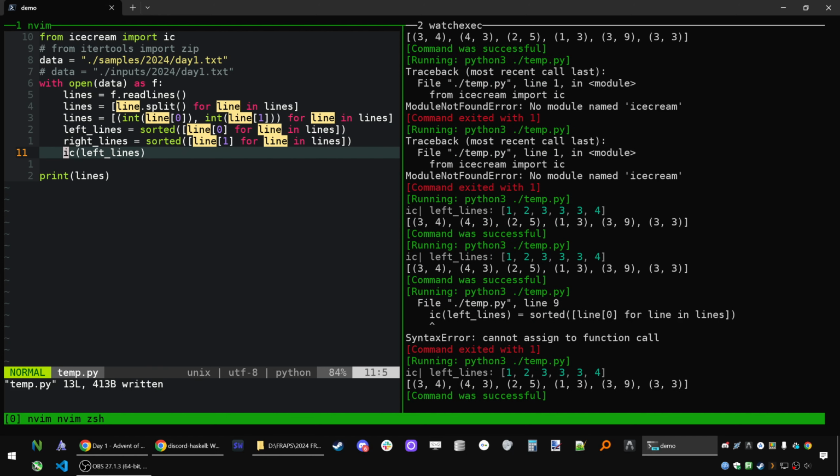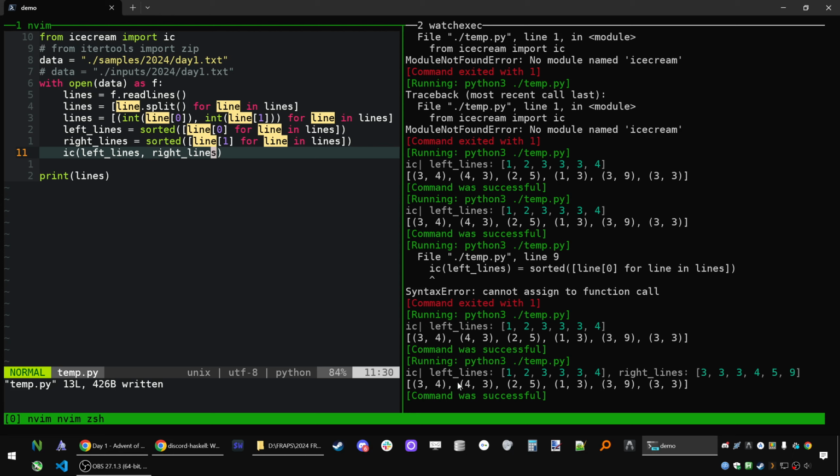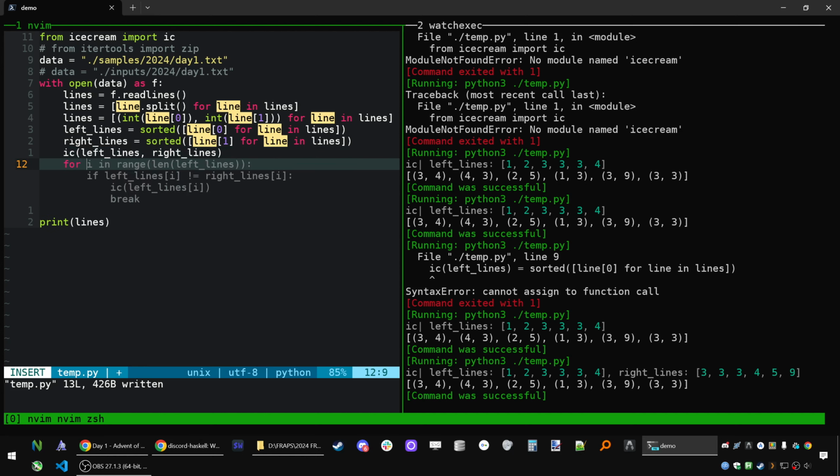Okay, that's fine. Right lines. Perfect. That looks pretty much like what I was getting before. So then now do for, I don't know if this is correct, if it's just iterating over these guys.